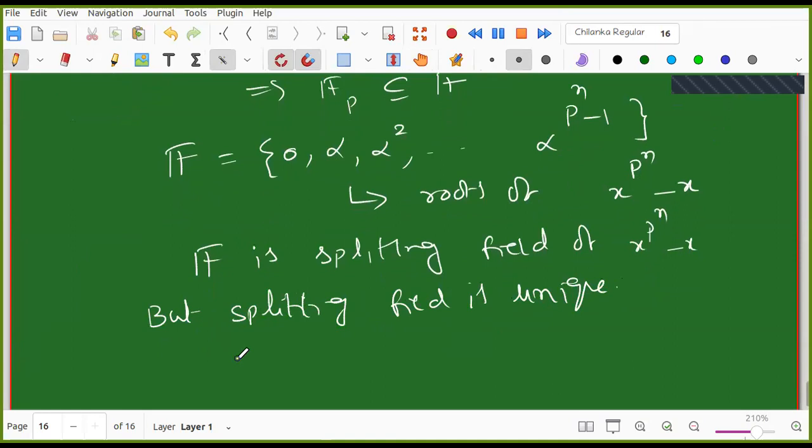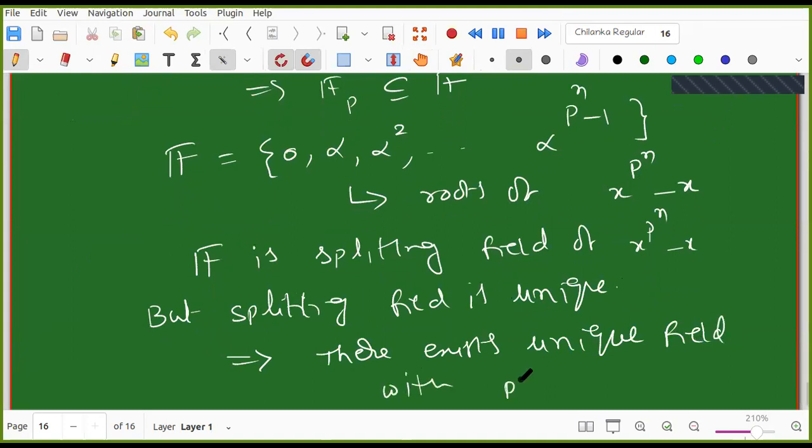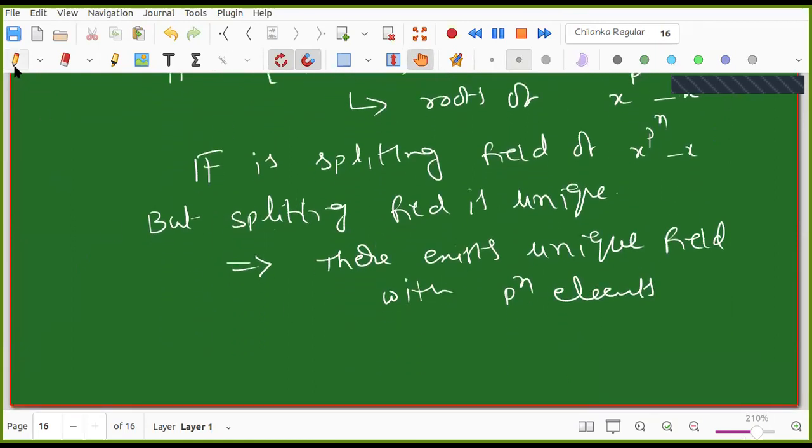So this implies there exists a unique field with p^n elements. So that's why the notation came, but we had already started using it.